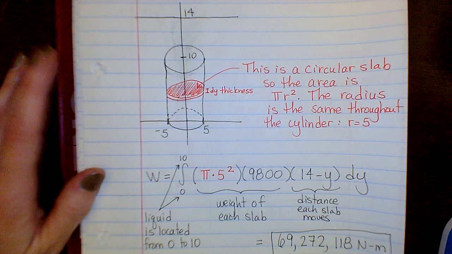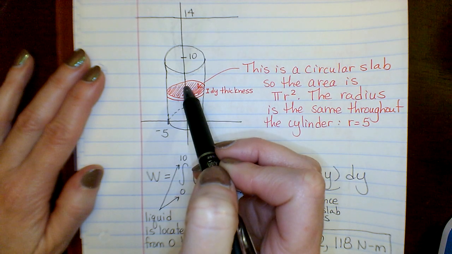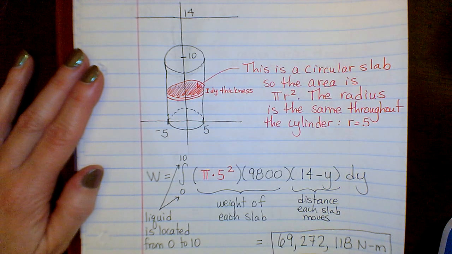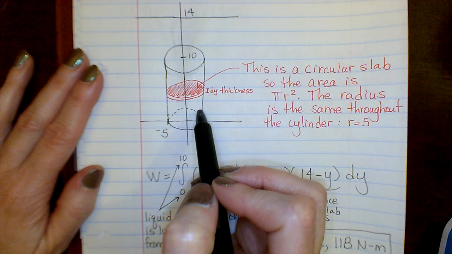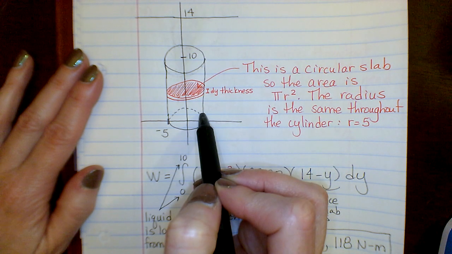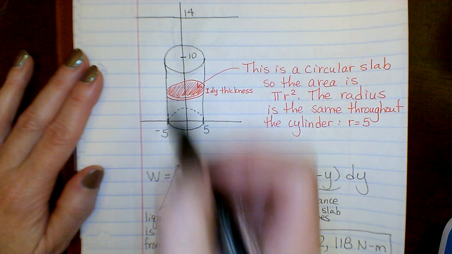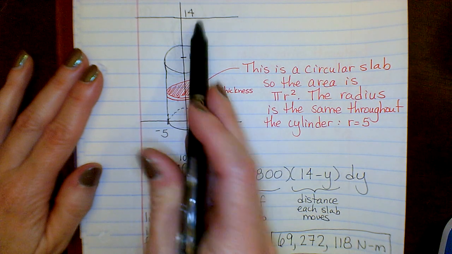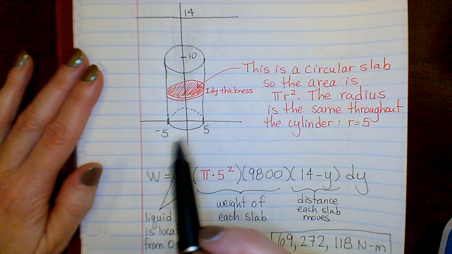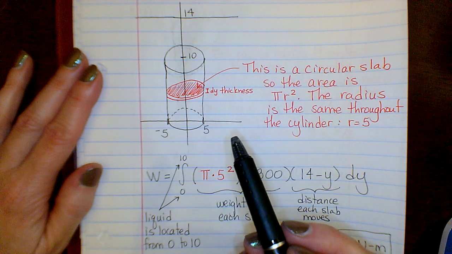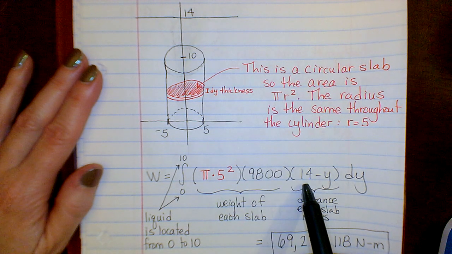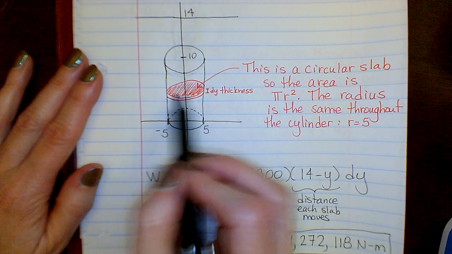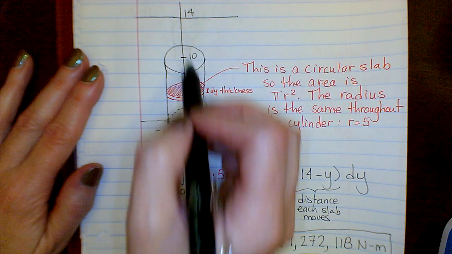Well, it's got to move 9, right? Because it's 14 minus 5. It's got to move 9 meters. If you have a slab down here at, say, 1 meter, it has to move 13 meters, that's 14 minus 1. So think of this as upper minus lower. Okay? That's my distance that it has to move. So upper minus lower, and my lower is a variable because these slabs are going to vary because I'm having to pump out all of this stuff.